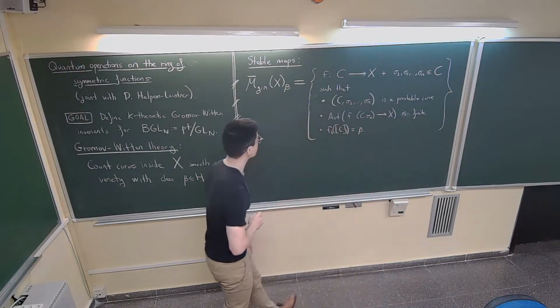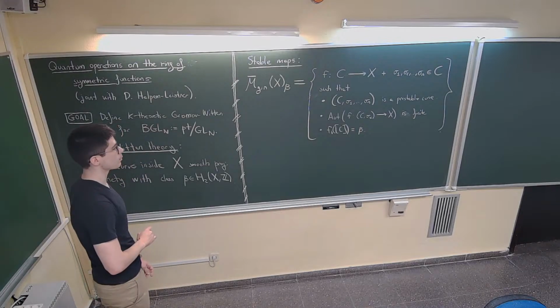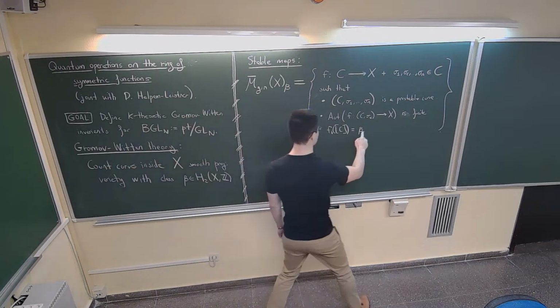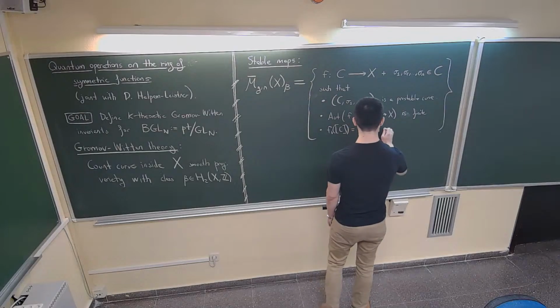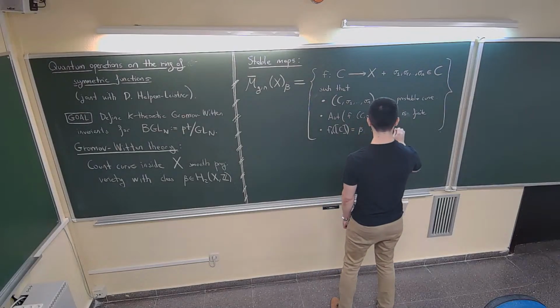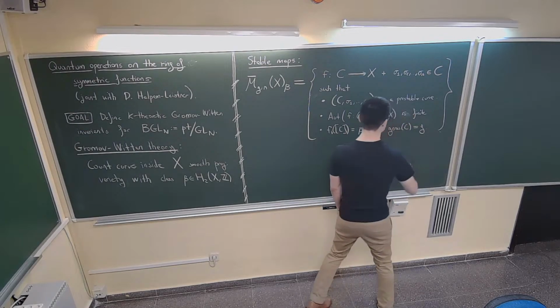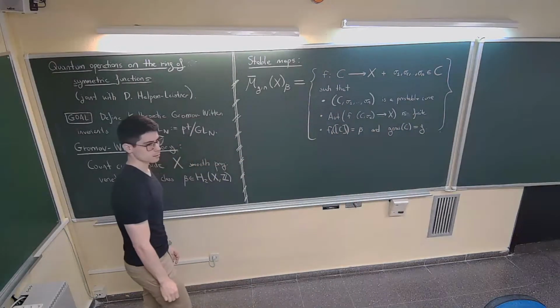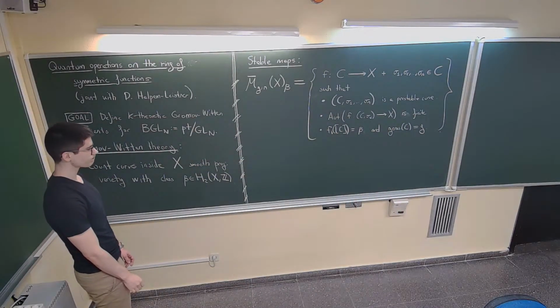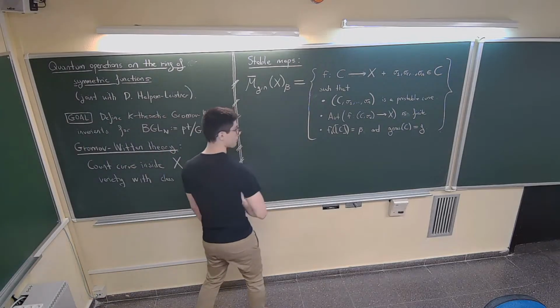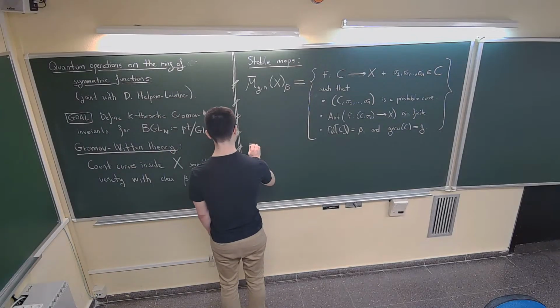This is the usual moduli space of stable maps. I didn't say what g is, sorry about that. The genus of the curve is going to be the arithmetic genus.